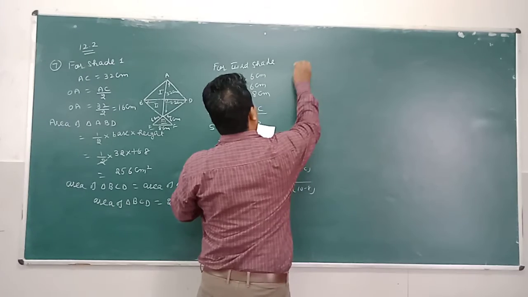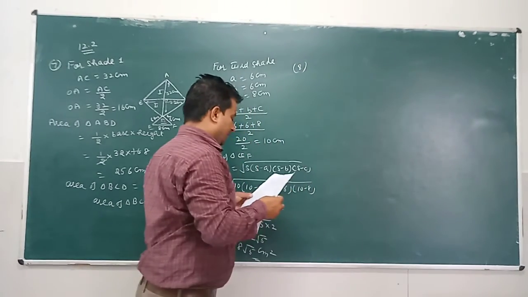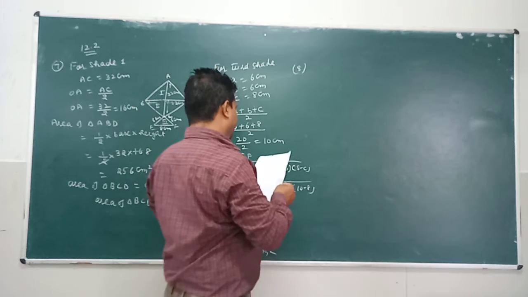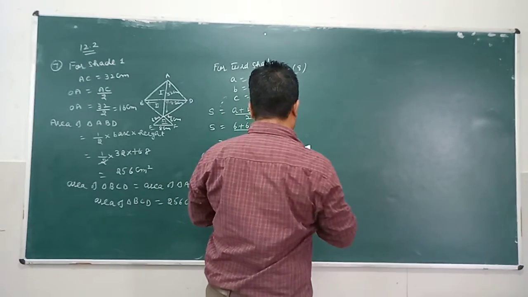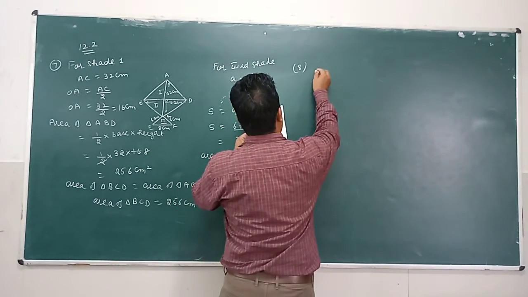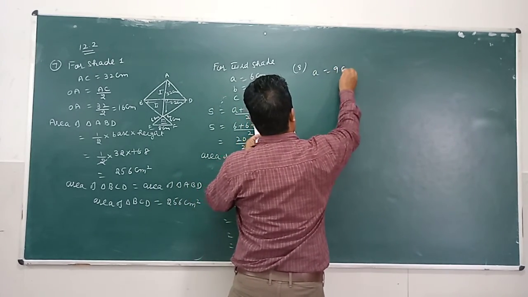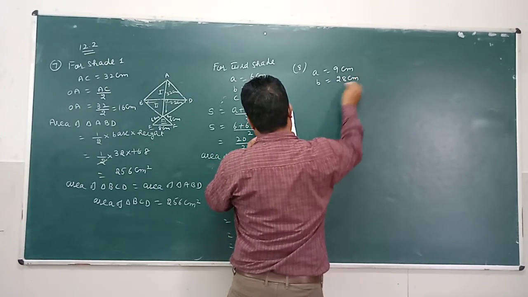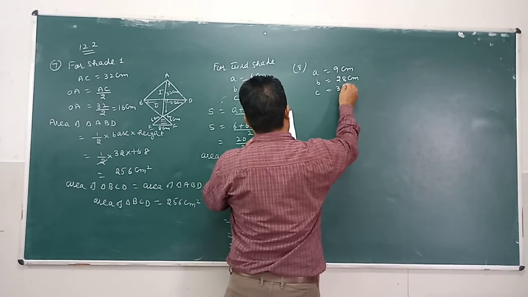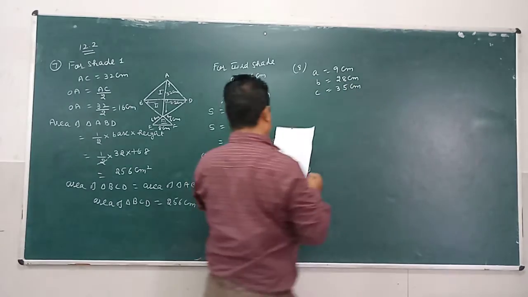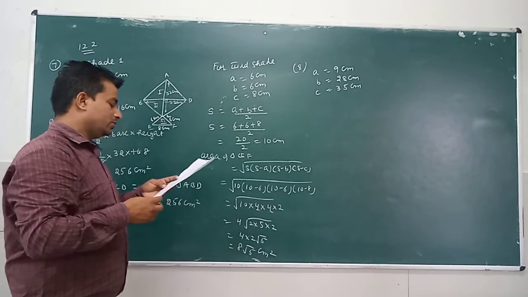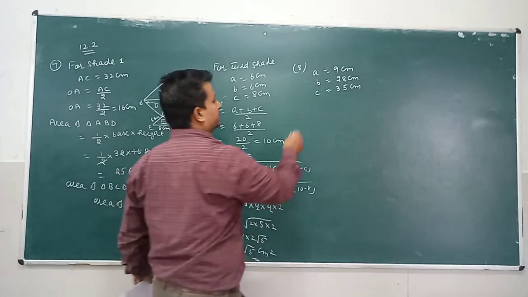In question number 8, the statement is: a floor design on the floor is made up of 16 tiles which are triangular. The sides of the triangles are 9 cm, 28 cm and 35 cm. Find the cost of polishing the tiles at the rate of 50 paise per centimeter square.